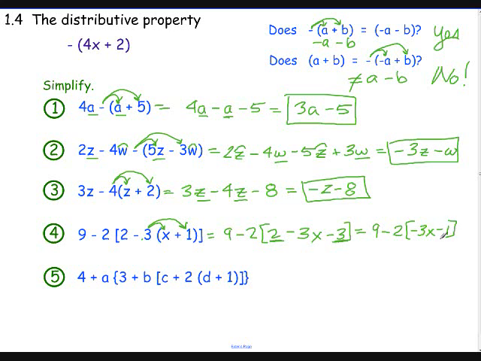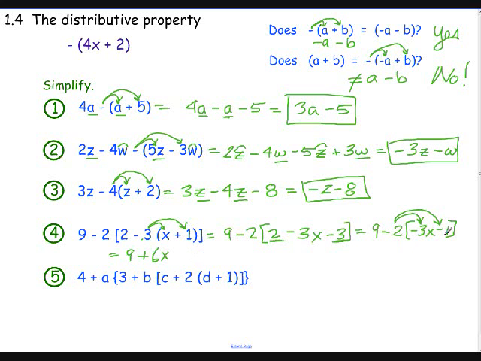Minus 1. Now I can do some distribution and say I'm going to multiply everything inside these brackets by negative 2. So that's going to equal 9. A negative 2 times a negative 3x is going to be a positive 6x.